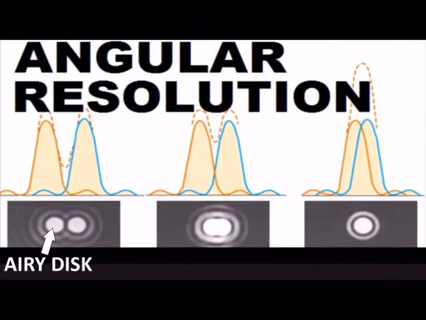They are both resolved. Now, when they get closer together, this meets the Rayleigh criterion, or the diffraction limit. And so the Rayleigh criterion specifies the minimum separation between 2 light sources that may be resolved into each distinct object. And when the light sources get even closer on the right-hand side, they become unresolvable.